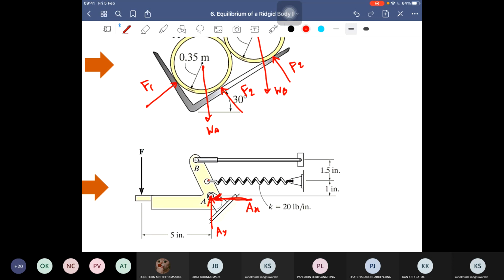For the spring, okay, you can see that if the force is exerted in this direction, this side of the link tends to move to the left-hand side, right? Therefore, the spring must prevent the movement by exerting the force in this direction, Fs, that is equal to Ks.